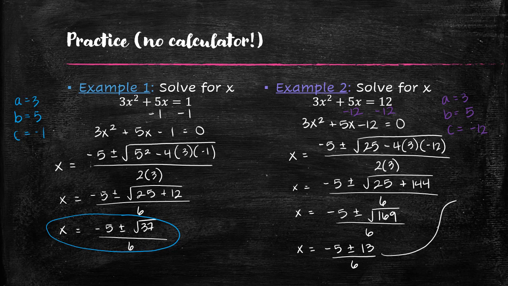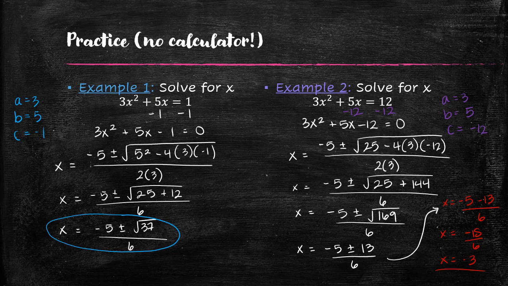I'll write the first case, which is, let's just do negative 5 minus 13 over 6. So negative 5 minus 13 over 6, that's going to be negative 18 over 6, which actually simplifies all the way down to negative 3.